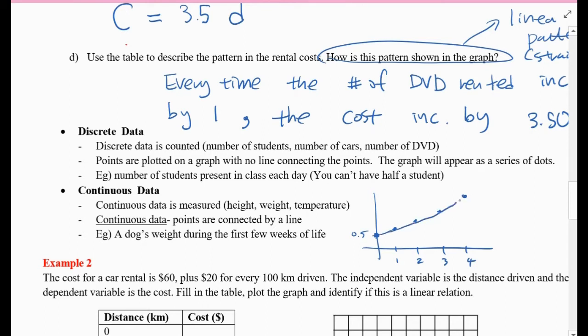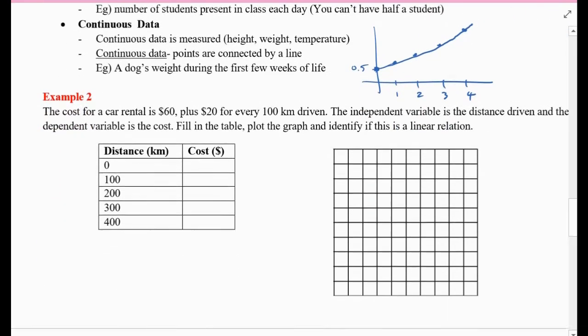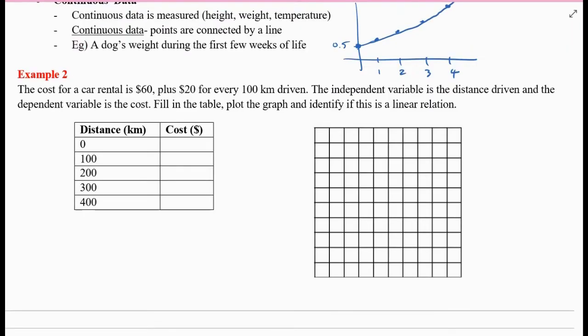You can connect the points, you can join the points, because if it is half a day, the weight is still increasing, right? If it is 1.5 days, the weight is still increasing, and that will be somewhere in between those two points. Is that right? So that's called continuous data, and you join the points. Make sense, everyone?